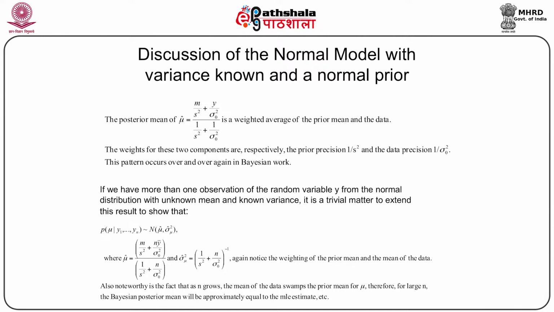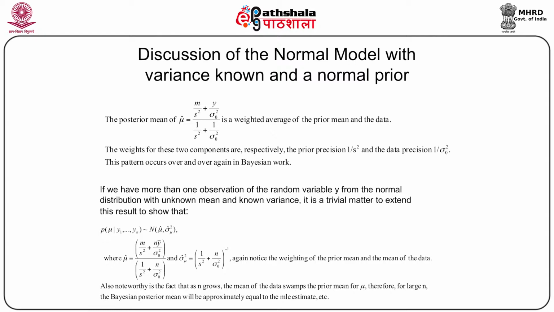If we have more than one observation of the random variable y from the normal distribution with unknown mean and known variance, it is a trivial matter to extend this result to show that the posterior distribution of mu given the samples y1, y2, ..., yn will be again a normal with mu hat as the mean and sigma hat square sub mu as the variance of the posterior.